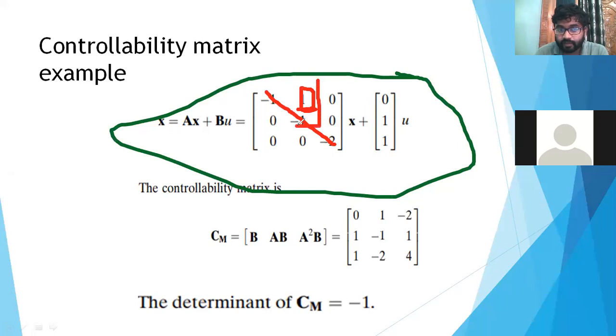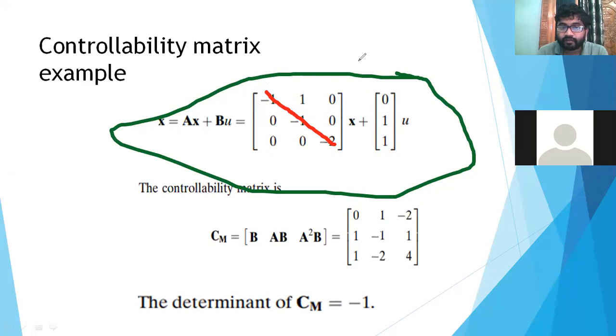This is also a parallel form, but it is an example of Jordan representation. This particular block is called a Jordan block. I asked you to refer to it; you might have it.